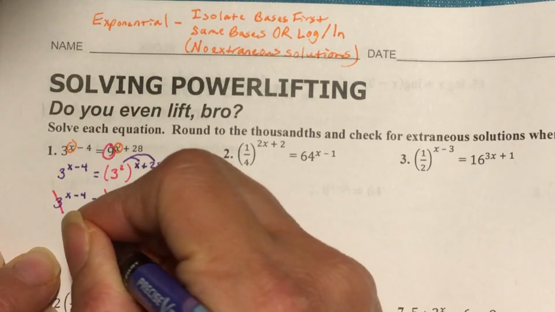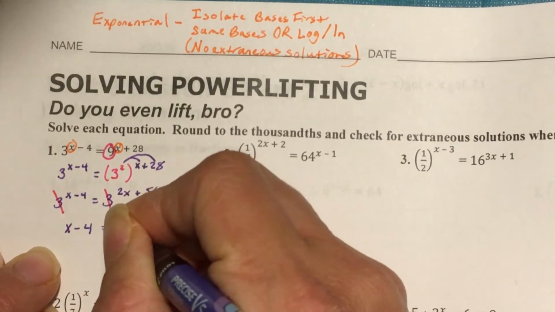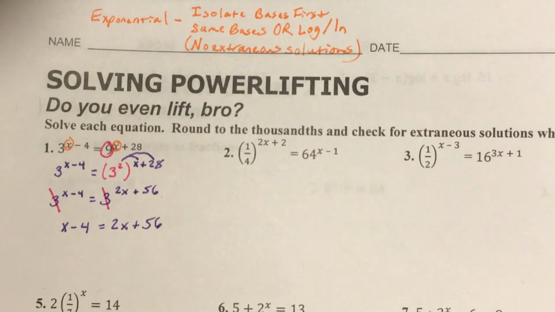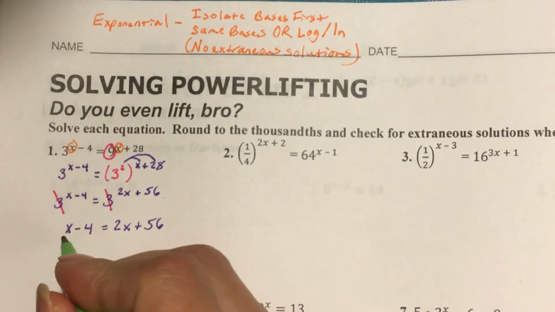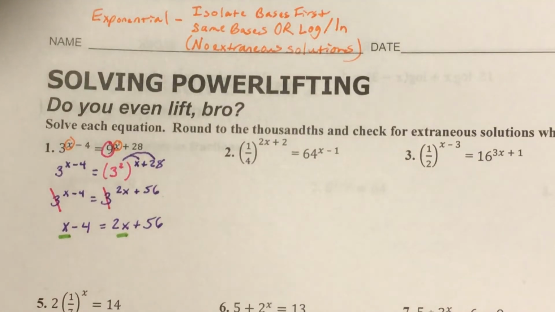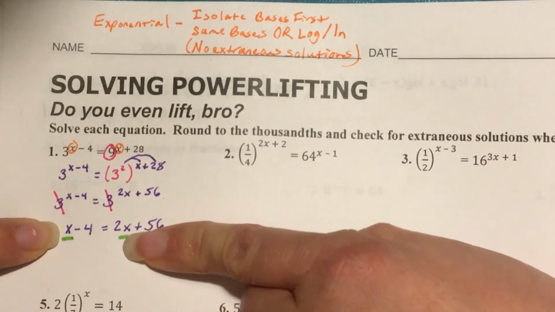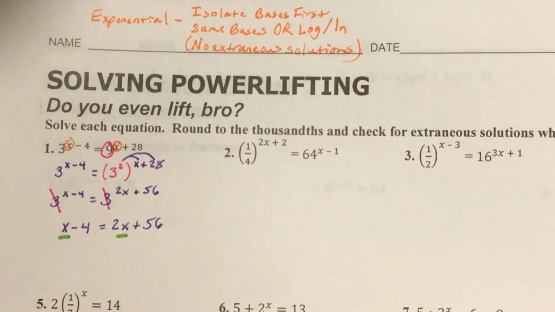So x minus 4 equals 2x plus 56. And notice that after we get the same bases and are able to cross them off, we now have a ground level equation. And what I mean by ground level is that our variables have moved from their exponent positions to a ground level, more algebra 1 type equation position.